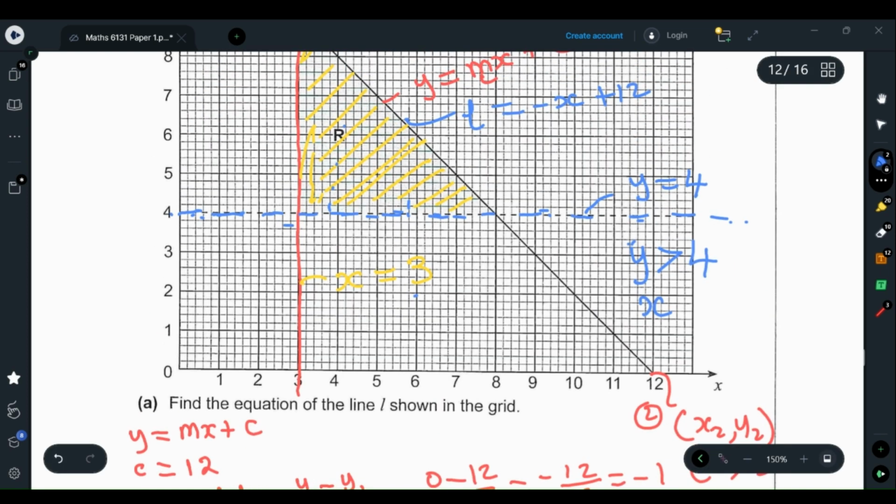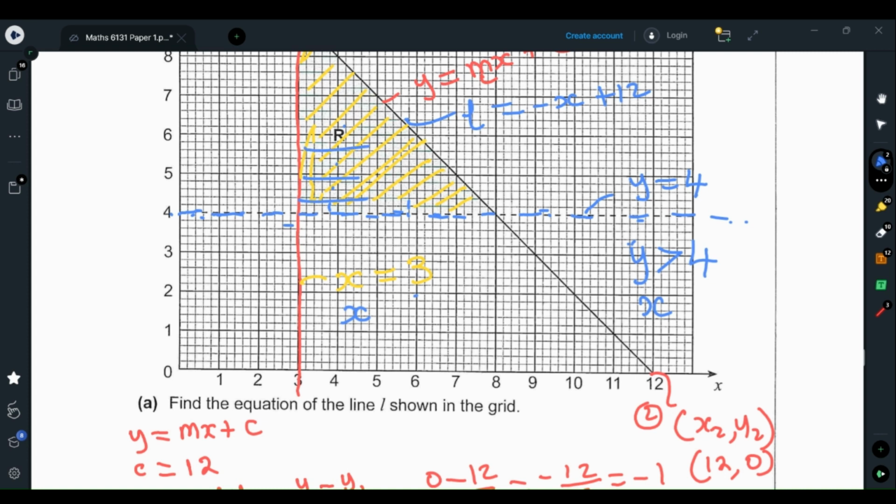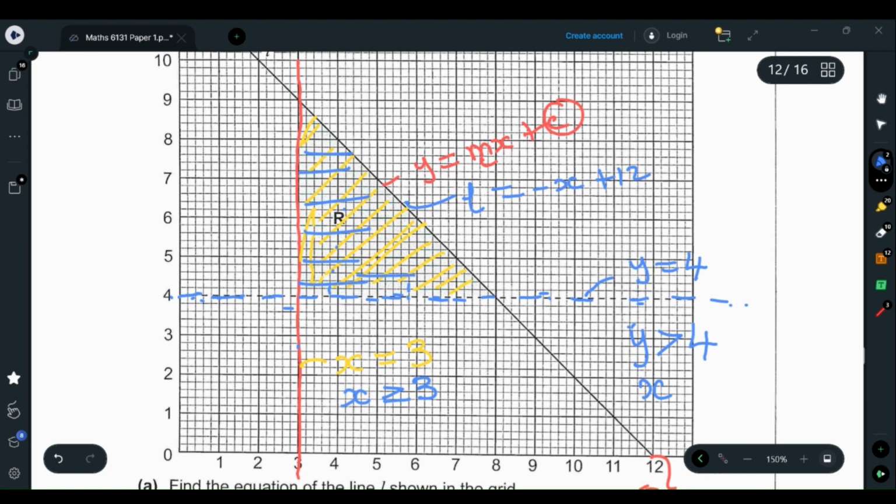Write down 3 inequalities which define the shaded region. For this one, since it's a solid line, everything shaded is on that side of the equal sign. Knowing this is 3, x is greater than or equal to 3. So that's our x.